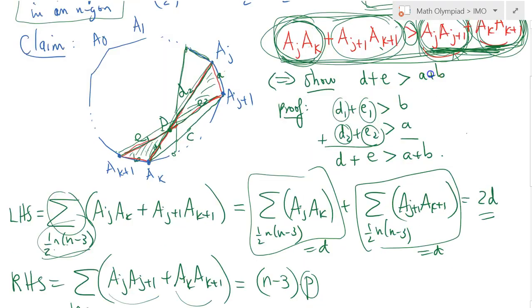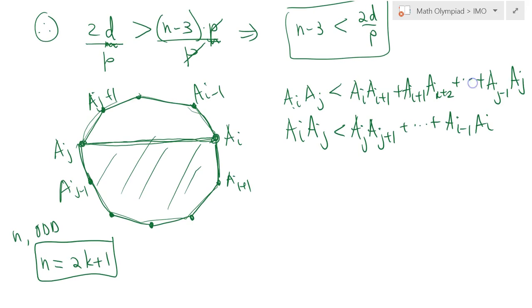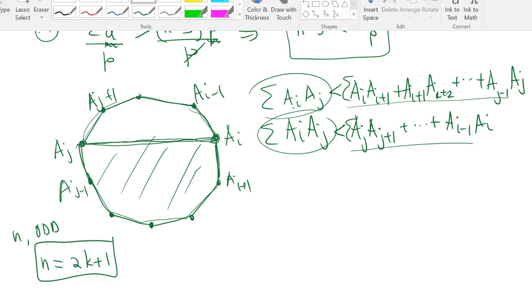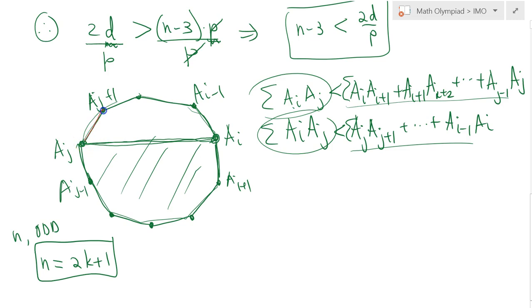I'll do exactly the same thing, except that this time when I sum all these expressions, I have a problem: which of these two sets of inequalities should I use? I claim we should use the one which has fewer terms on the right hand side. For this example, this side has only 1, 2, 3, 4, versus the other part which has 6. So I should really use this part.